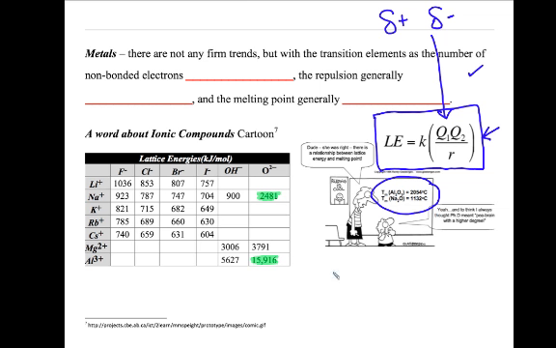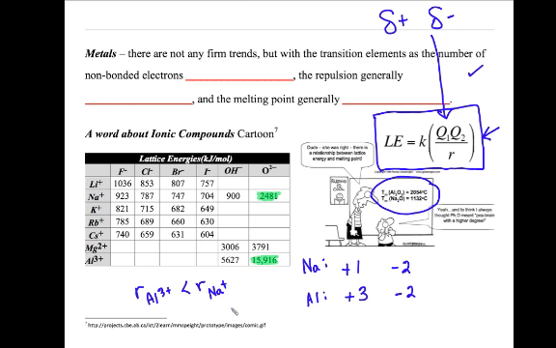You notice that sodium's charge is +1 and oxide is -2. So the negative charge is the same. Aluminum is +3 and the same -2. So this is for the sodium and this is for the aluminum. Now, the radius of the aluminum ion is going to be less than the radius of the sodium ion.